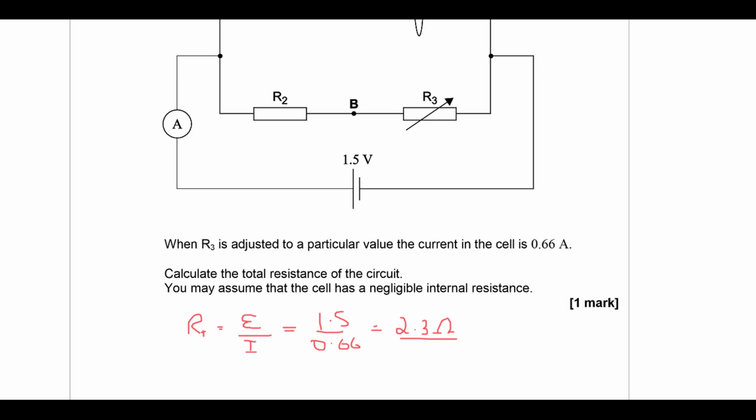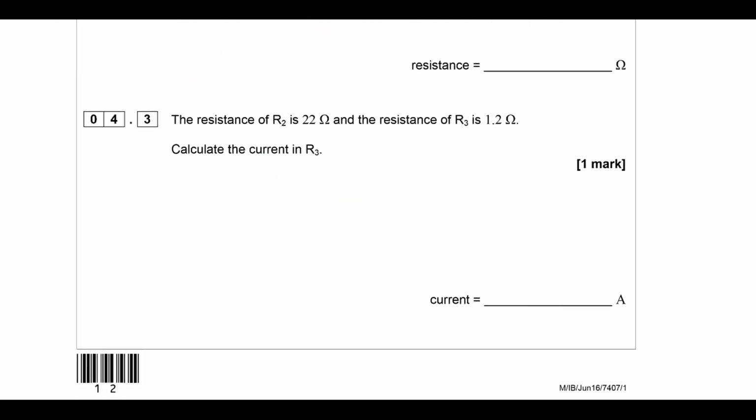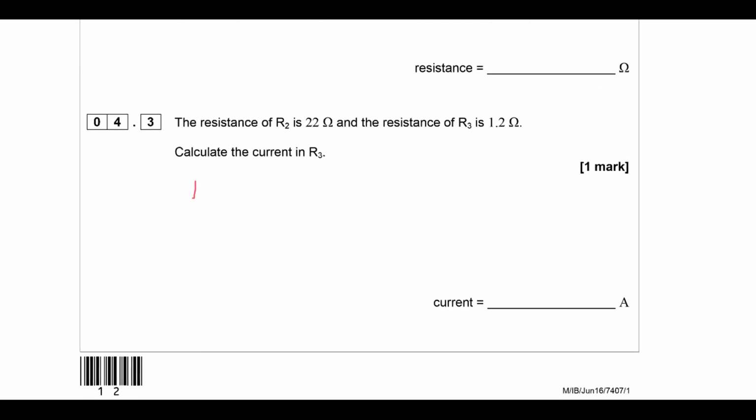So it's 1.5 across it plus 22 plus 1.2. So 1.5 divided by 23.2 gives you 0.0647 and so on, and so you get 0.064 amps. I sense Kirchhoff's current law coming here.